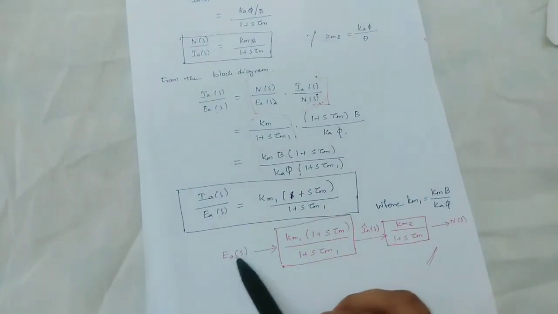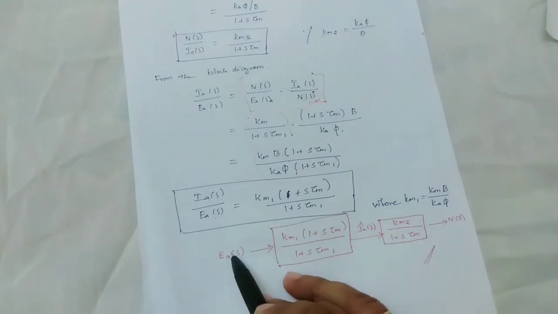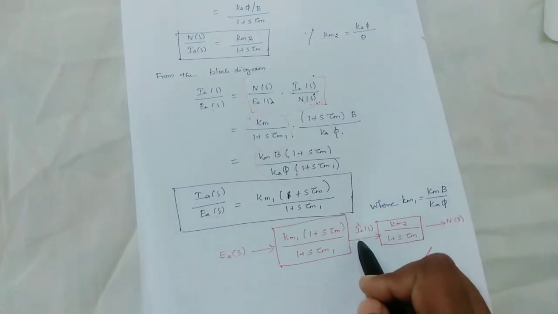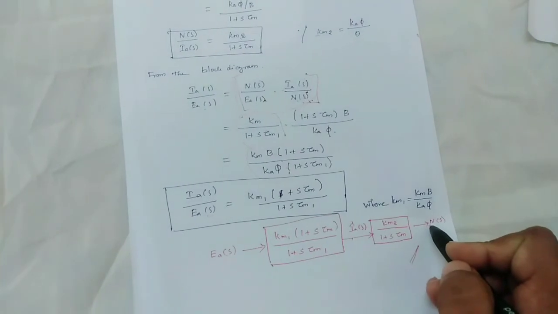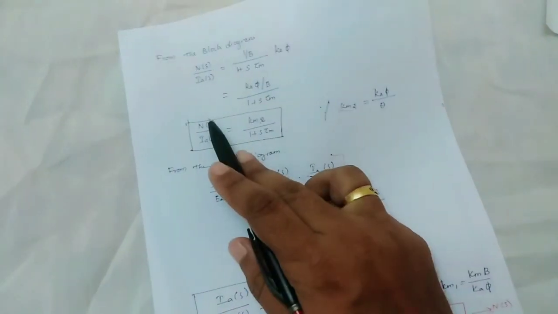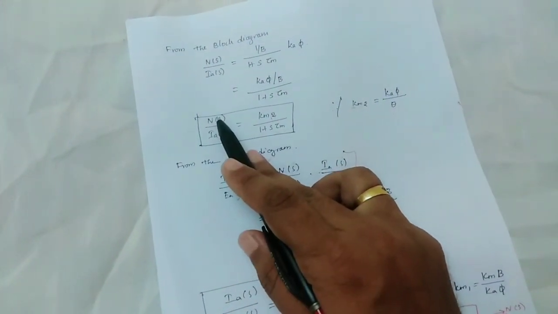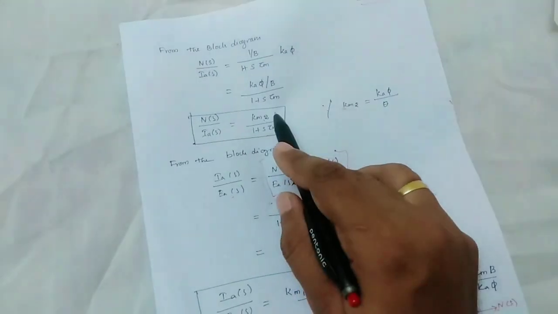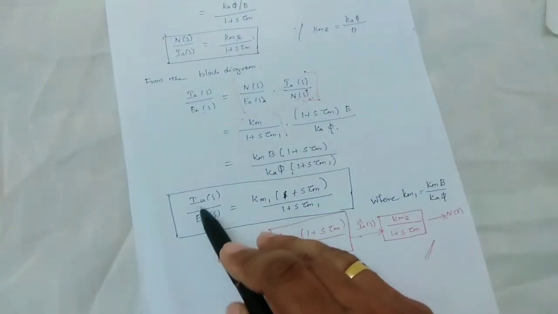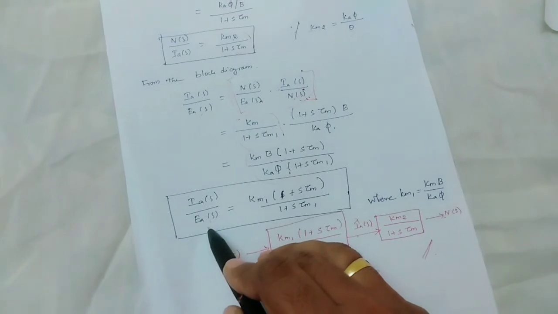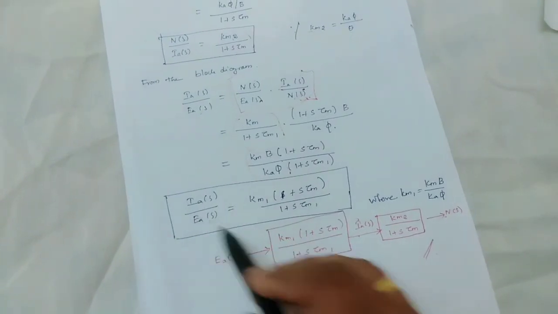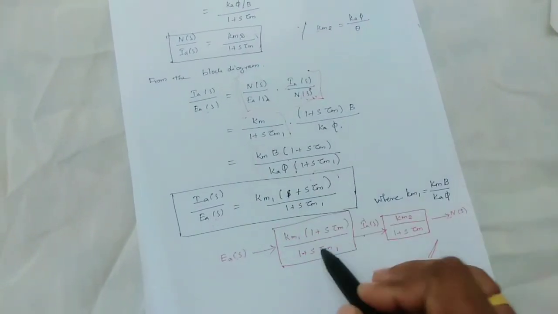The supply is given, due to that the armature current is produced, and by that the speed is produced. This is a transfer function, and the armature current is produced by this voltage. So output divided by input, for this transfer function we found this equation.